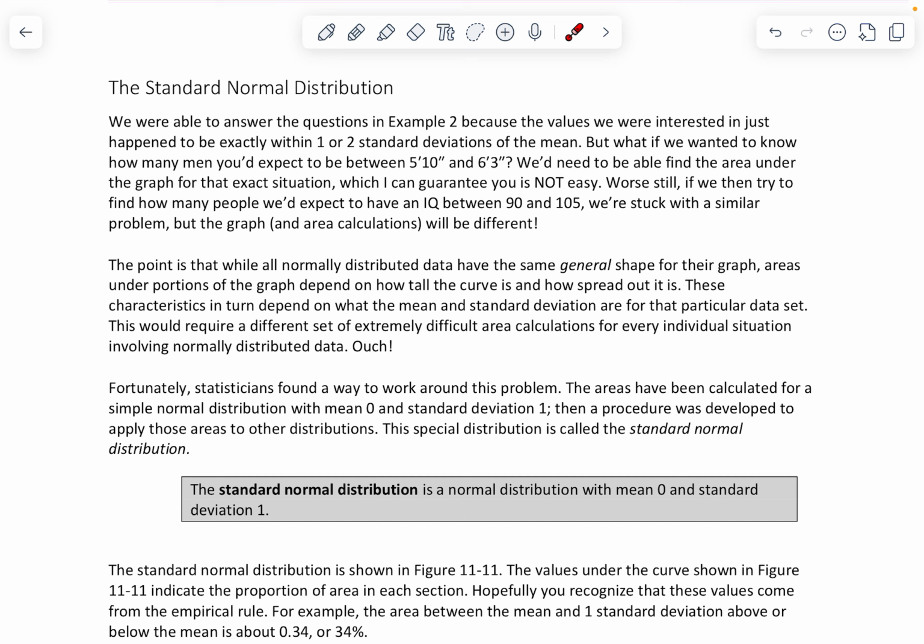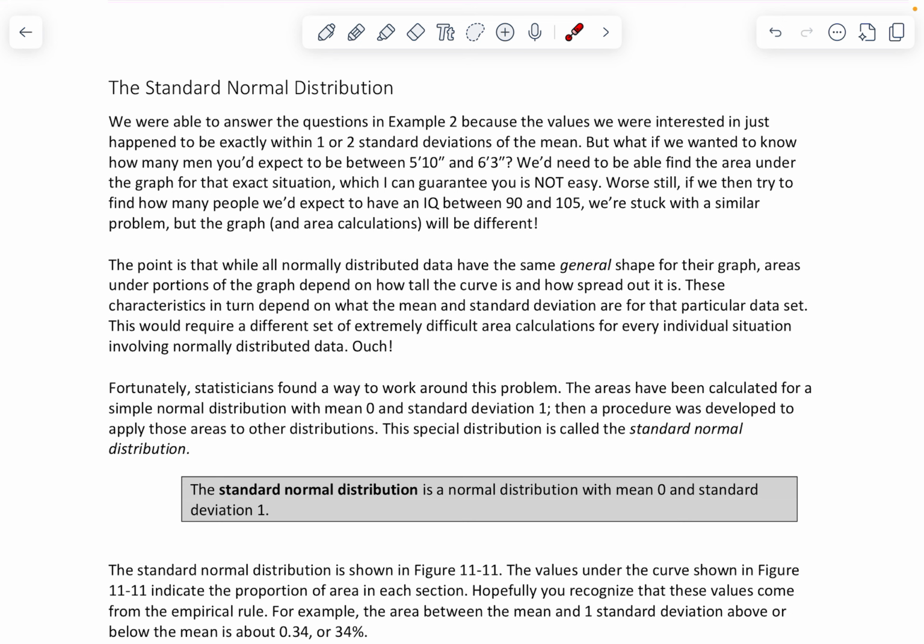These characteristics, in turn, depend on what the mean and standard deviation are for that particular set. This would require a different set of extremely difficult area calculations for every individual situation involving normally distributed data. Ouch, right? We just can't really do that.